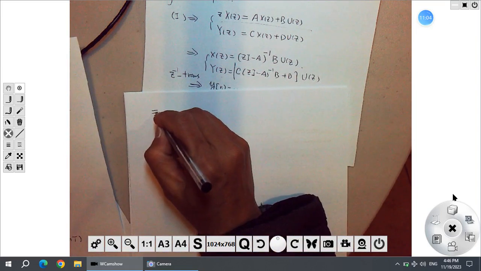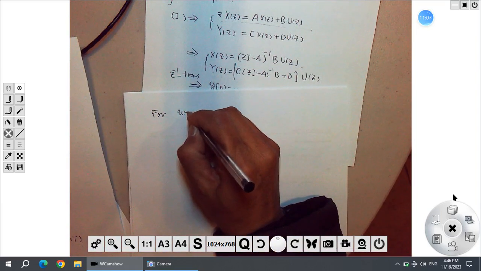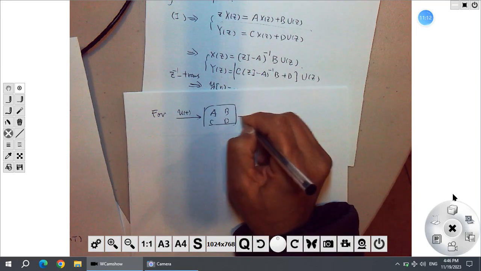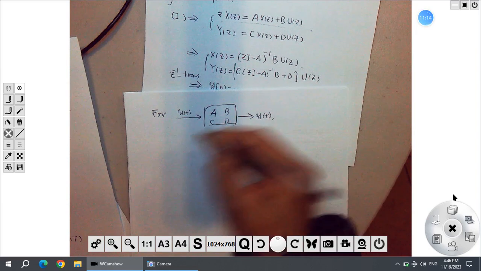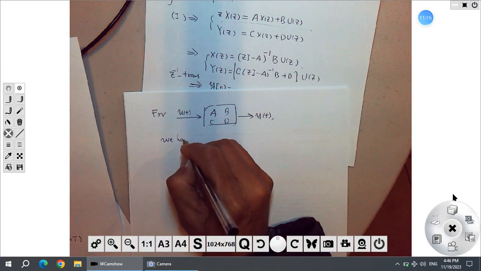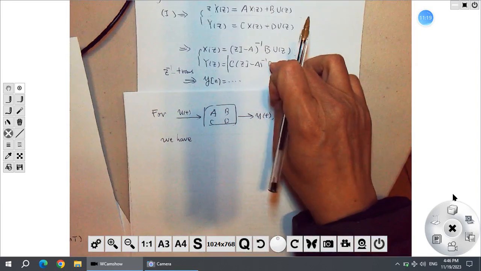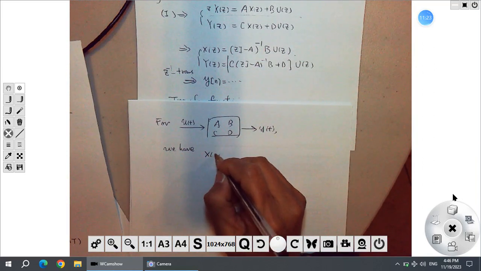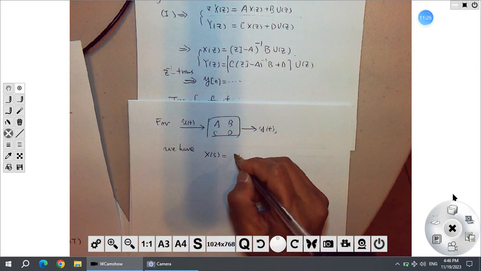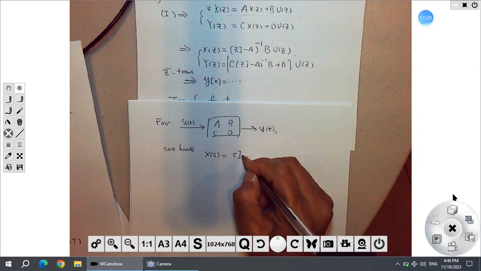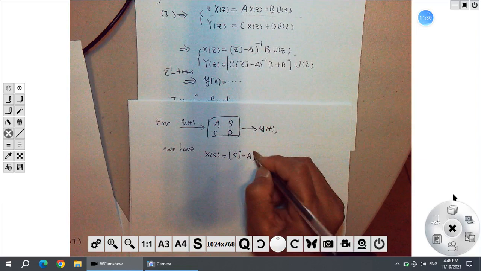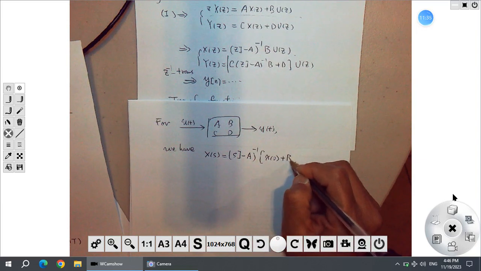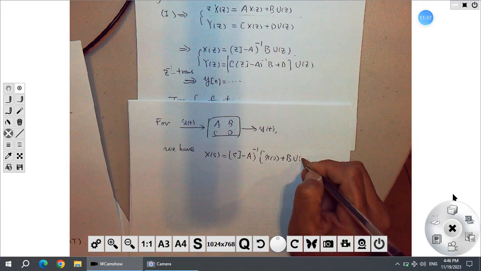For u of t, go to A, B, C, D. Output is y of t. We have, actually it's here, right? We have this one, similar to this. Now X of s equals (sI minus A) inverse times x of 0 plus B U of s.